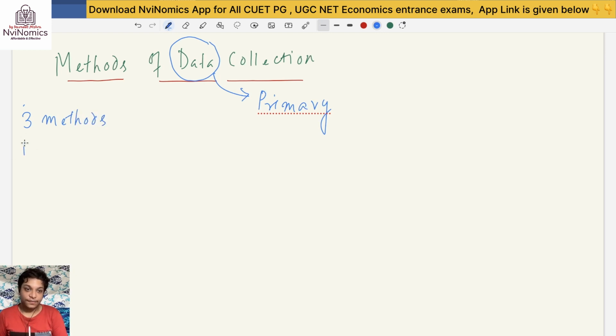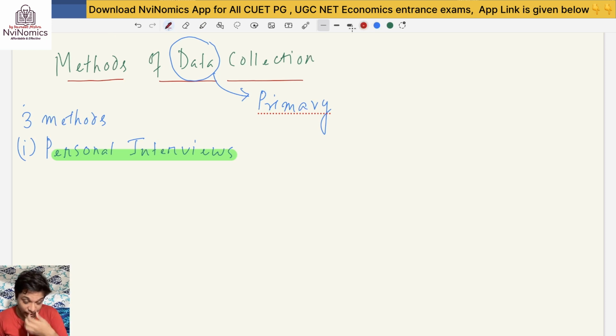So the first method is personal interviews. As the name suggests, can you say what a personal interview is, or why it is used?